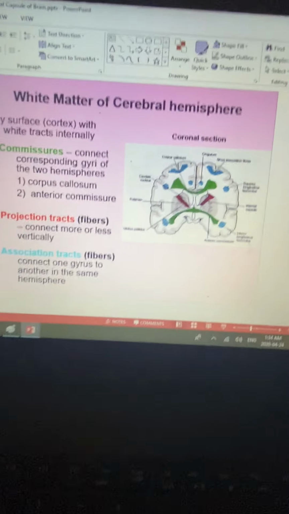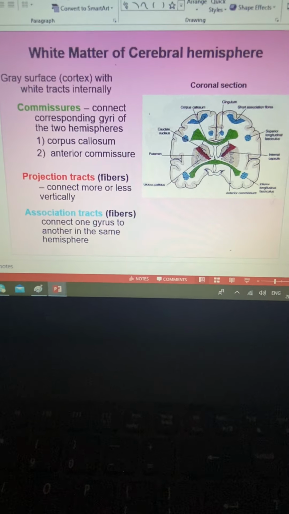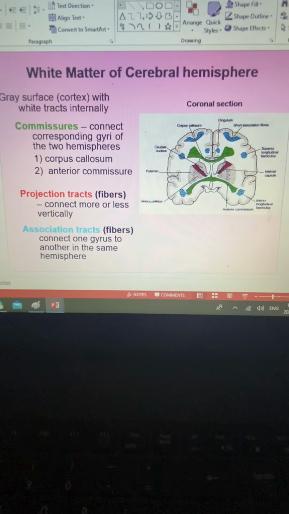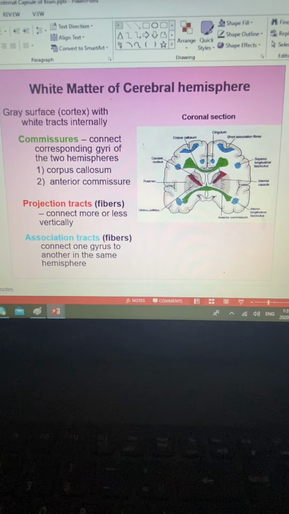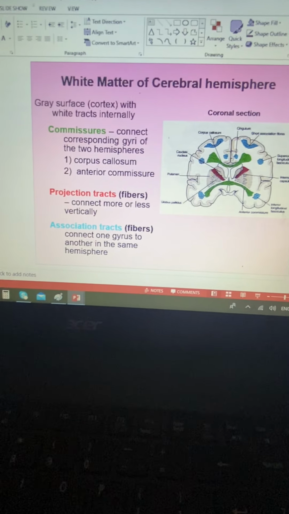If we look at the white matter of the cerebral hemisphere, we find the gray surface, the cortex, with the white tracts lying internally.